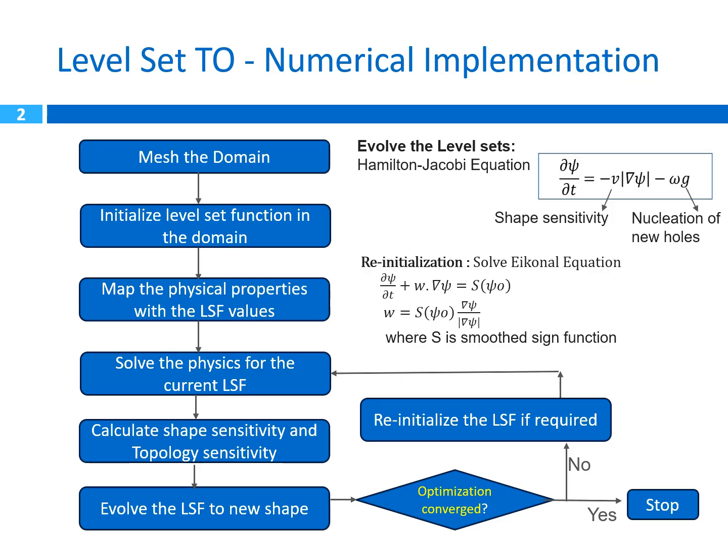Now you compare the new objective with the earlier objective function. If the change in the objective value is less than some threshold value, then you can assume the optimization is converged, and you can stop it. And if you observe a significant difference, then you need to solve the physics again for that new level set function.